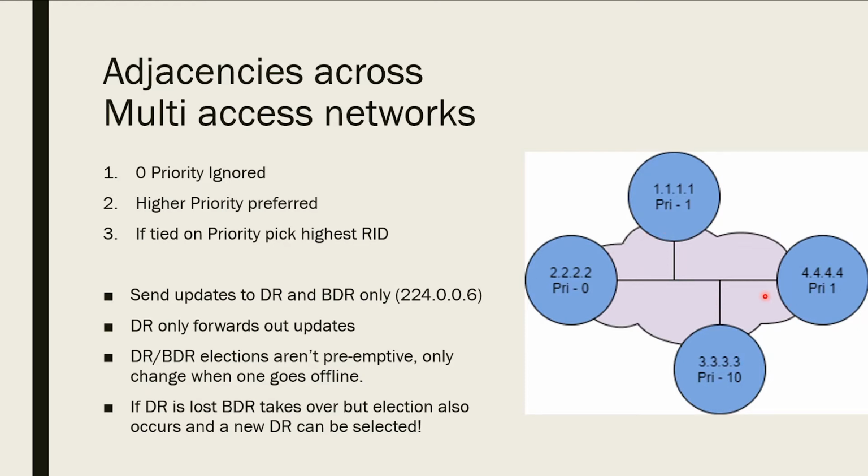And we do that because it will reduce the amount of control messages that go over this multi-access network. So in this situation, I've only drawn 3 or 4 devices here, but you could imagine this as, let's say, hundreds of devices off the same layer 2 network. In that case, this device would form an adjacency with all of those 100 devices.